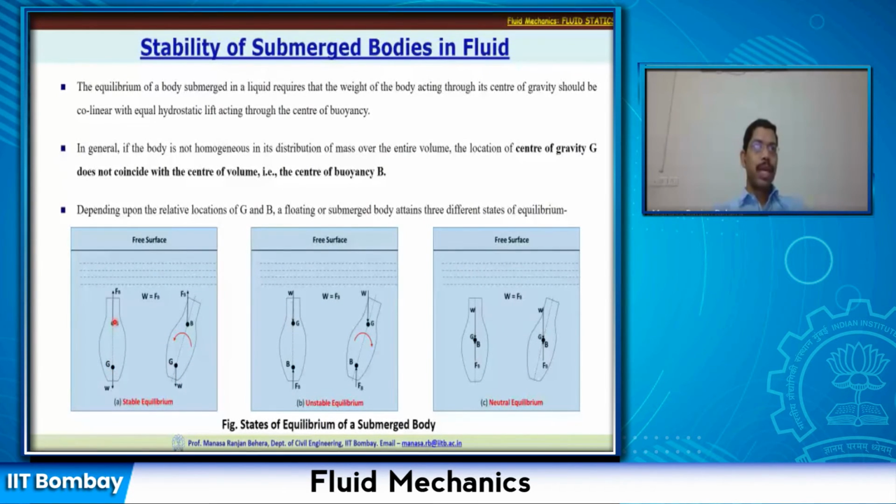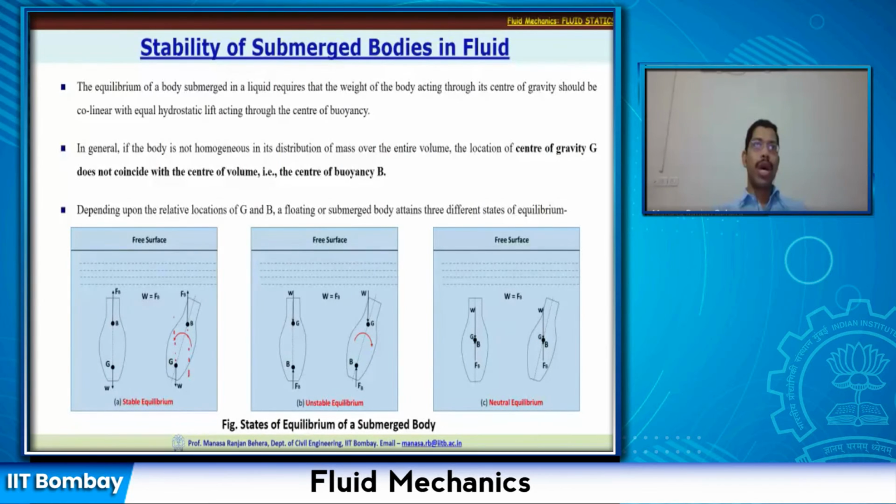As I said, the first one is stable equilibrium. In this case we have B above and G below, and let us say you displace this body a little bit, in the clockwise direction. What is going to happen? Your body will be tilted and the center of buoyancy is going to shift because the volume has shifted, and the center of gravity will shift this way. So there is a change in the line of action. This line of action is here and the other is here.